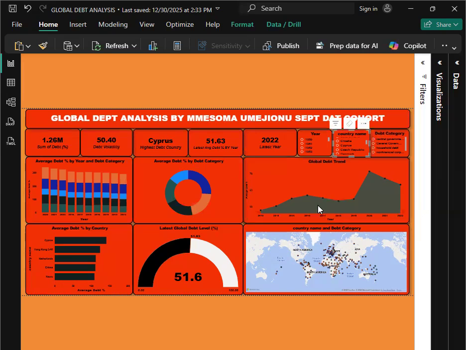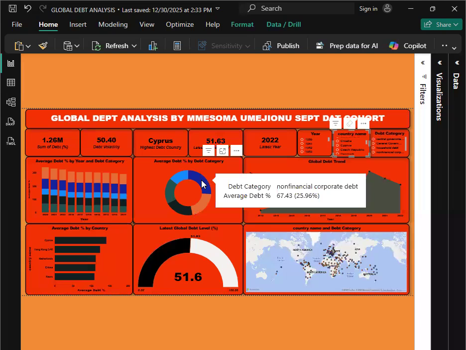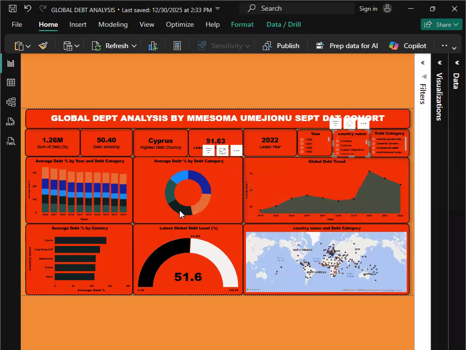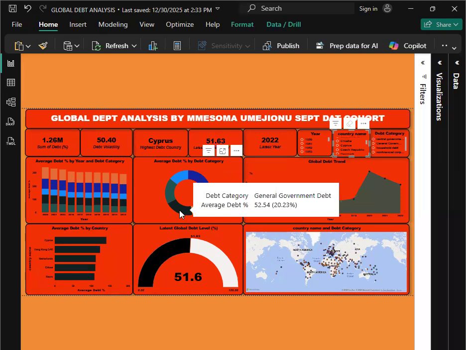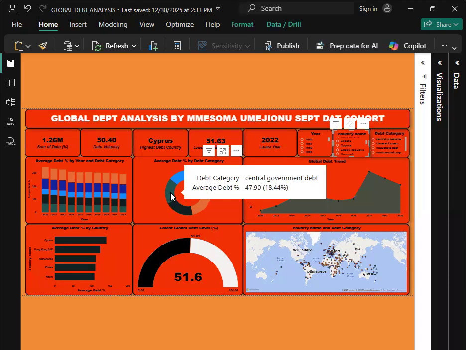Moving on to the donut chart, this chart breaks down average debt by category, and we can see here that private debt and the non-financial corporate debt make up the largest shares, followed by the general government debt, the central government debt, and then the household debt.